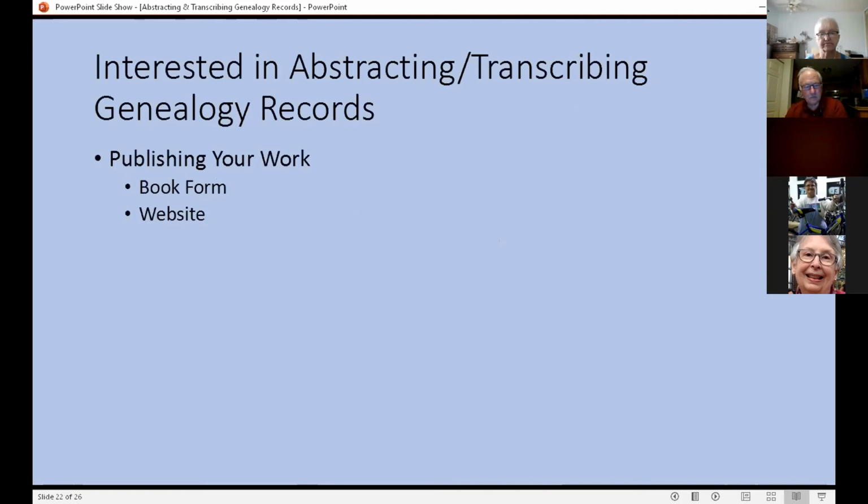I've written several books over the years, abstracted several sets of records, but for those of you looking for something extra to do, there's thousands and thousands, millions and millions of records out there all over the United States that have never been abstracted or transcribed that would be helpful to genealogists across the country, across the world, whether you put it in book form, on a blog, on a website, or whatever.